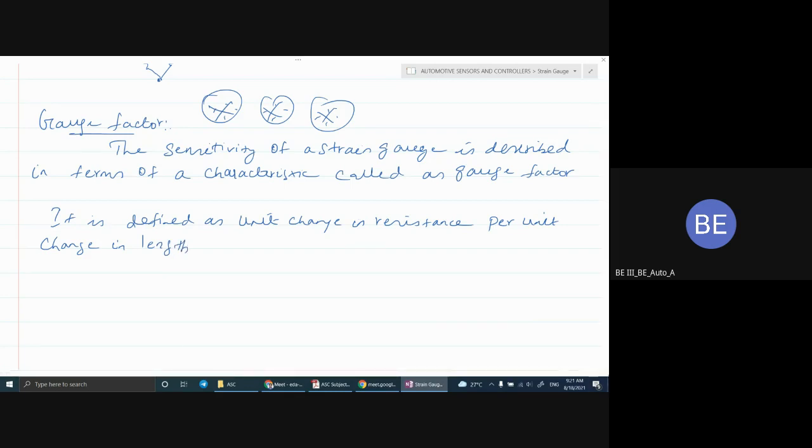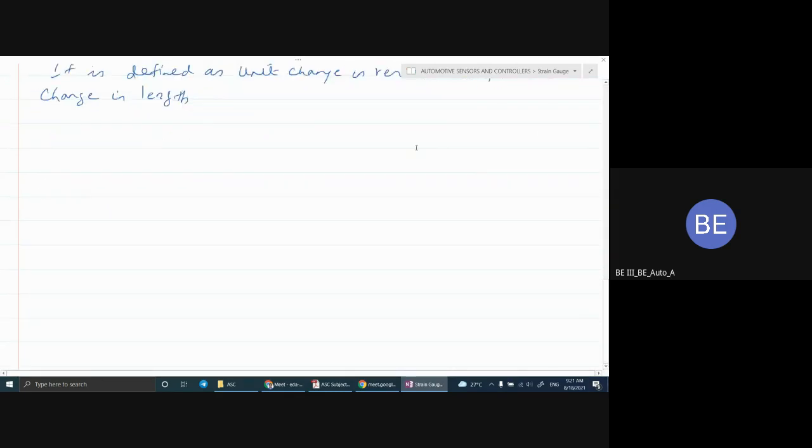What do you mean by this? This is strain. Have you ever heard about strain in mechanical deformable bodies? What do you mean by strain? Sir, the ratio of change in dimension to the original dimension. Change in length by the original length. Is it clear? That is del L by L.